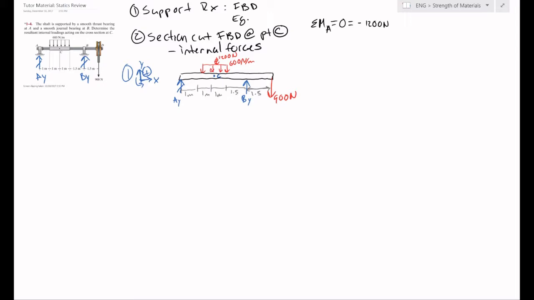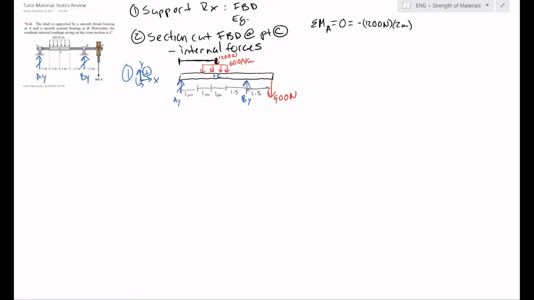So 1200 newtons times the distance of the resultant force, that 1200, from the point we're summing about, which is A. So that's 2 meters times 2 meters.